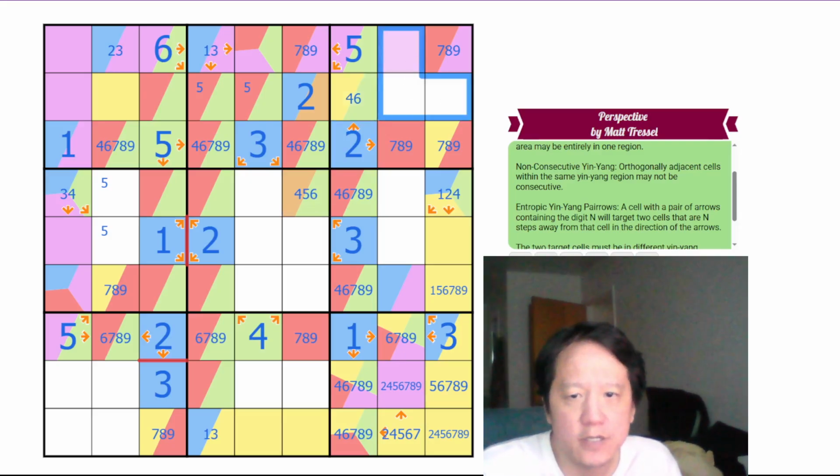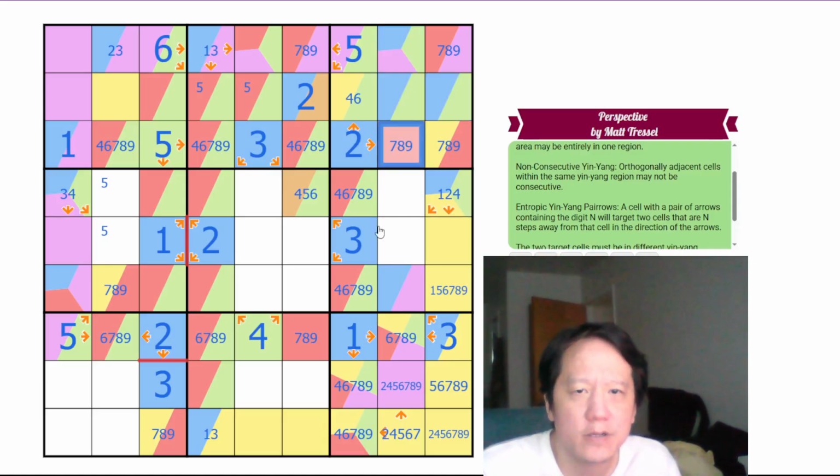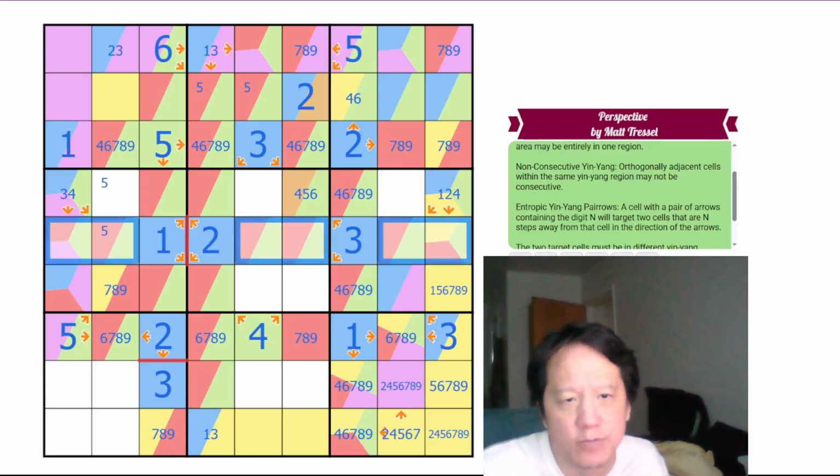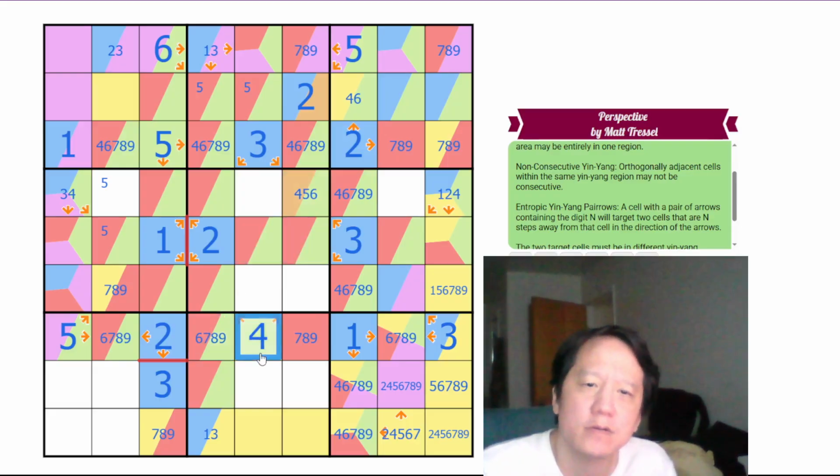Remaining digits in the box 3 have to be blue and green. Remaining digits in row 5 are green and red. Okay.